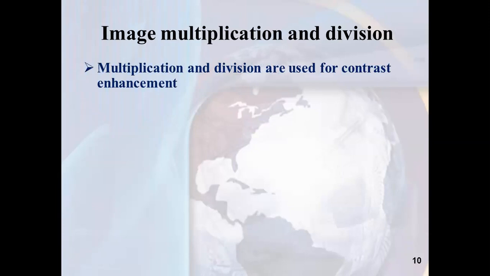If I divide by a number greater than 1, or multiply by a number less than 1, it means that the intensity values will be lowered, and we lower the contrast of the image. The numbers will be lower, approaching 0, and the image will be darker.